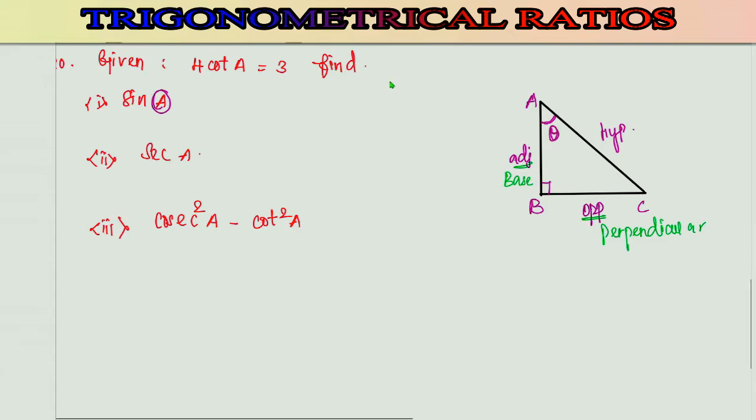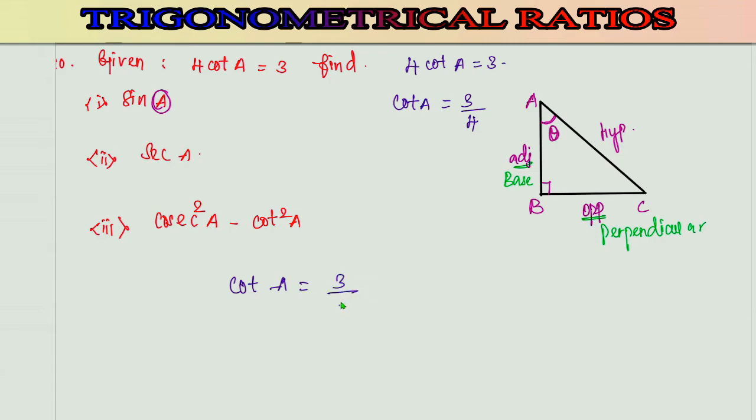Now let me check the given condition. So here the given condition is 4 cot A is equal to 3. So cot A is equal to 3 by 4. Cot formula is adjacent side divided by opposite side. So opposite side is 4 and we have adjacent side is 3. Now we need to find the hypotenuse side. To find the hypotenuse side we are going to use the Pythagoras theorem.